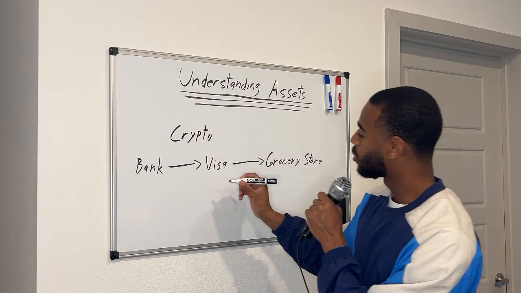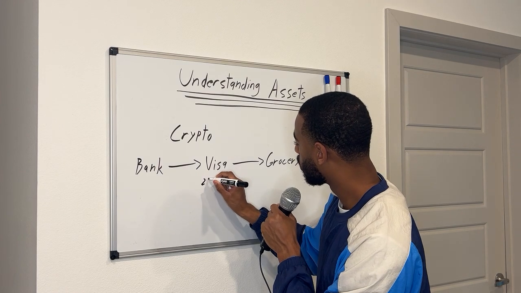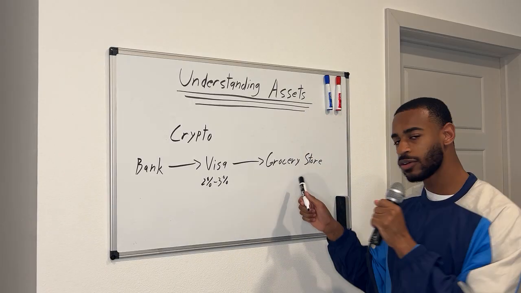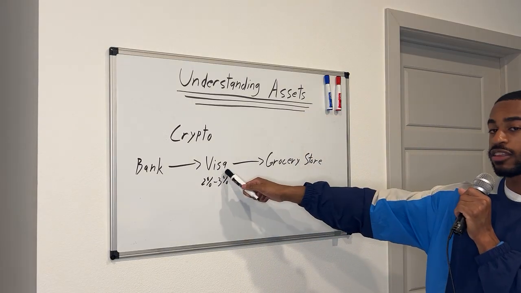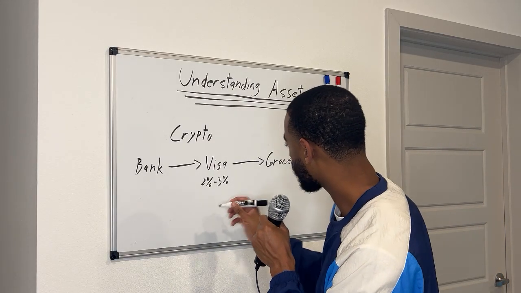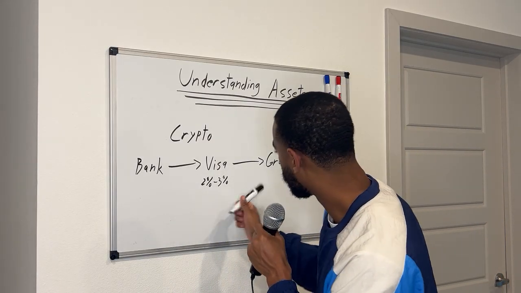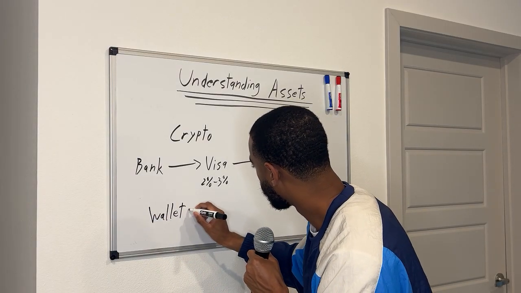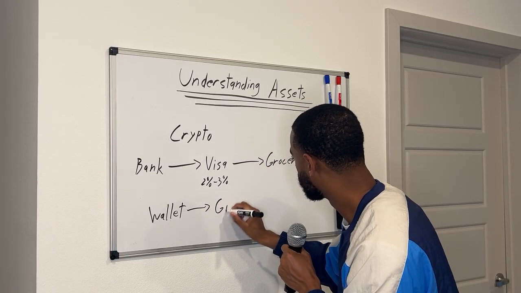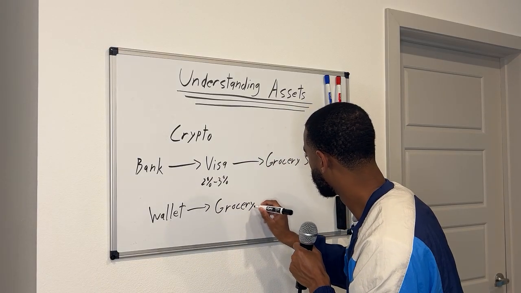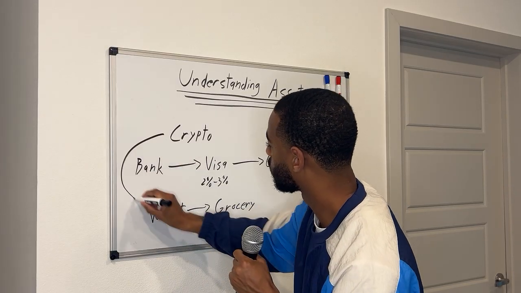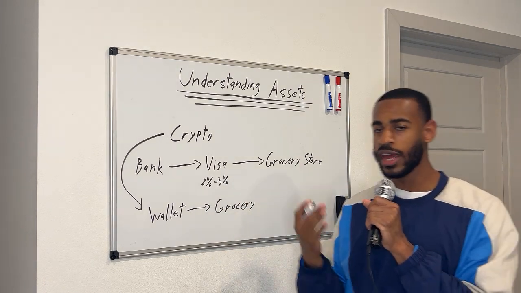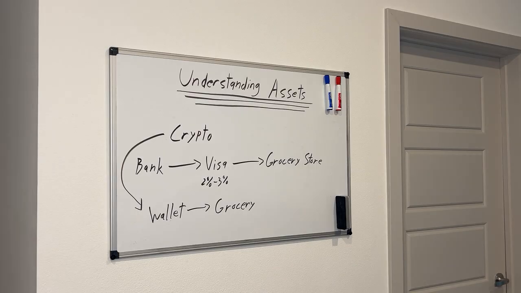But Visa charges fees, usually 2 to 3%. So grocery stores increase the prices that you have to pay because they have to pay Visa first. But crypto, instead of going through Visa, crypto goes from your wallet straight to the grocery store. So you cut out the middleman. That's why crypto is so popular and Bitcoin has so much value, because it cuts out the middleman, right?